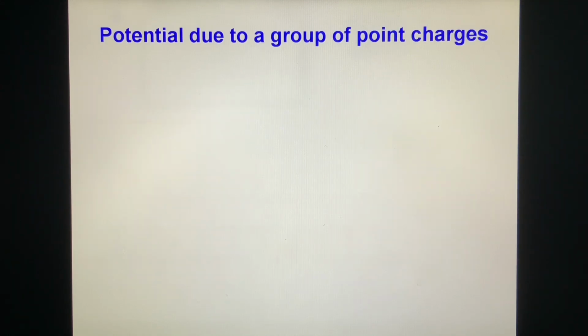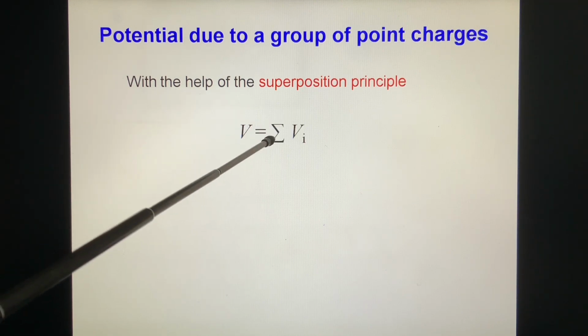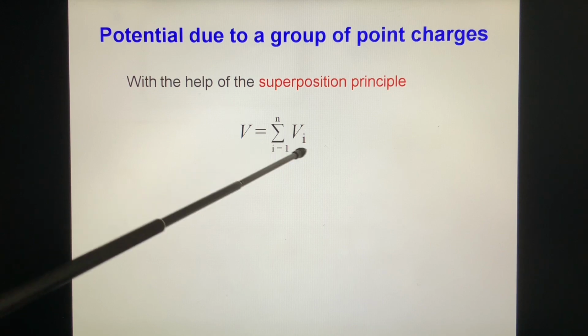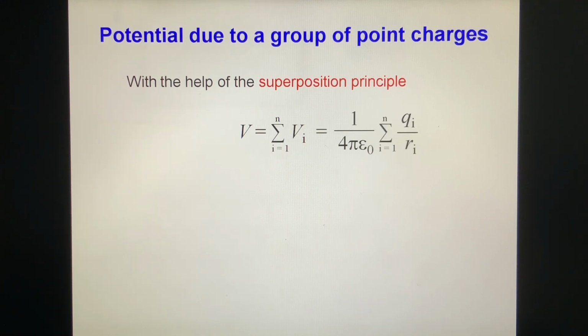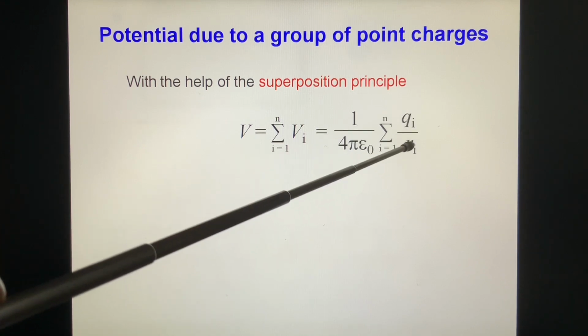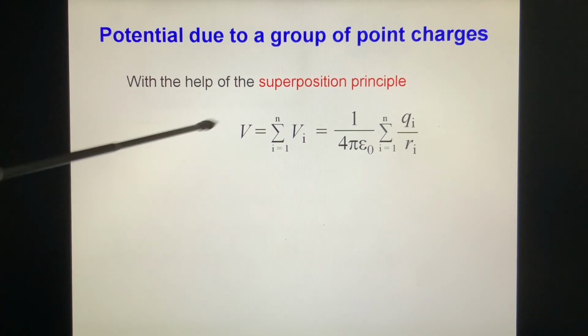Potential due to a group of point charges. With the help of the superposition principle, V equals the sum of Vi, the potentials produced by each point charge, with i from 1 to n. Each one is 1 over 4 pi epsilon times Qi over ri, with different Qi and different distances to our point.